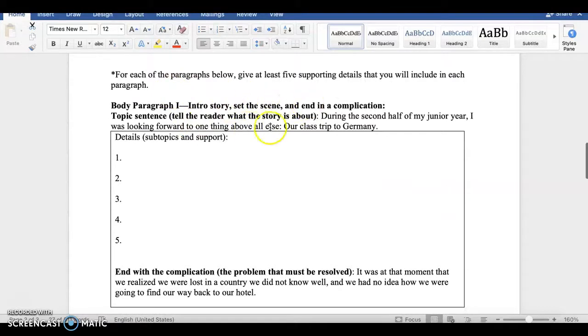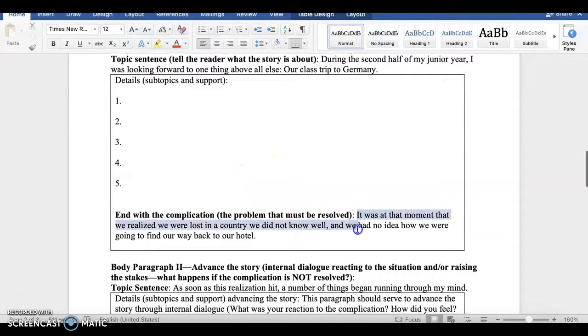In each one of these pieces, you'll have an outline like this that you have to fill out for each assignment. There are sample topic sentences and sometimes support details. Please make sure you remember to remove those, and anytime you're including details in here, these details would be plot points of your story written in at least one full sentence for each that take me from your topic sentence into the complication here at the end.